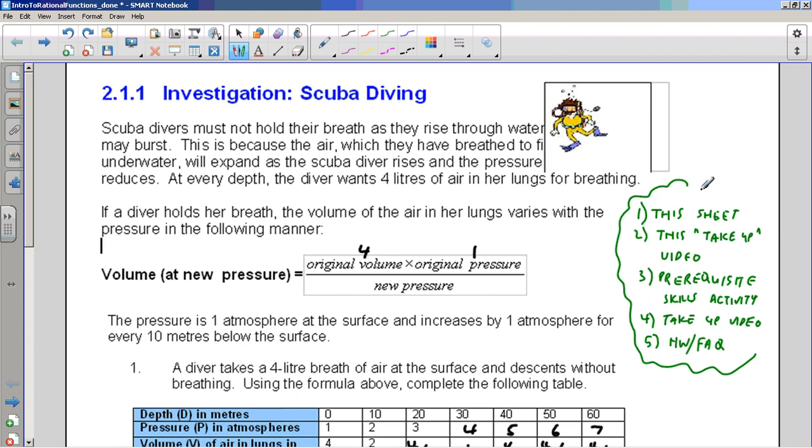I am just taking this stuff up. This is the plan here. So you should have done this sheet yourself, or with a partner, of course. If you're watching this video, this will take up this sheet, and then after that, there's a prerequisite skills activity that you should do in class with partners. And then there'll be a take-up video.